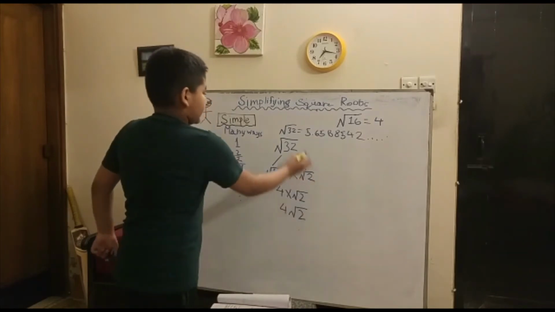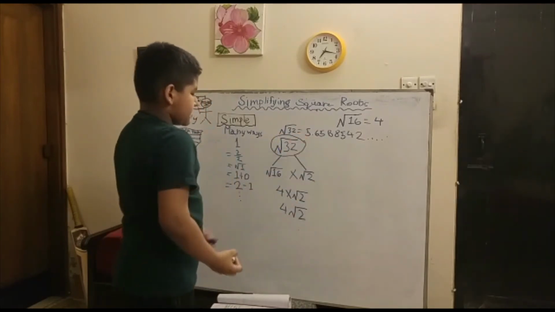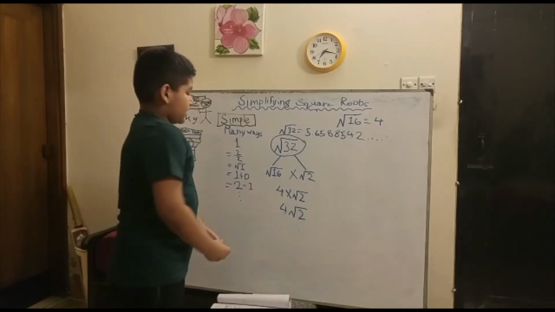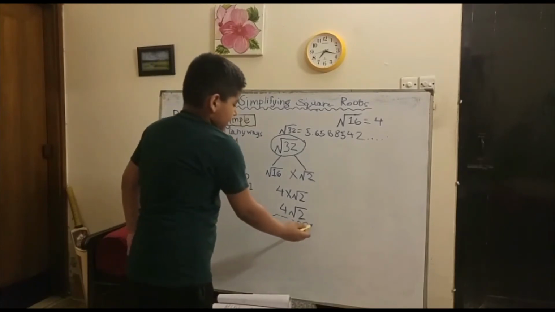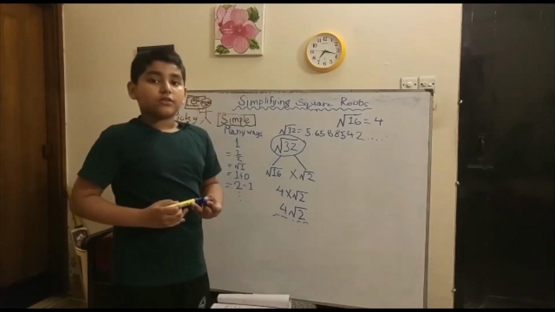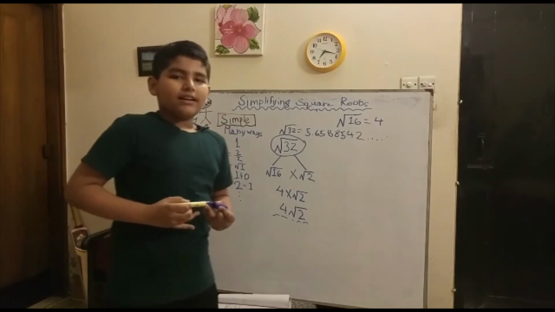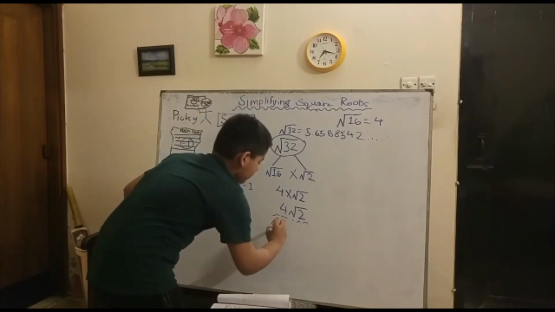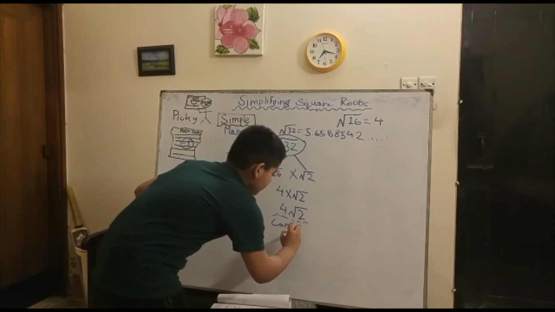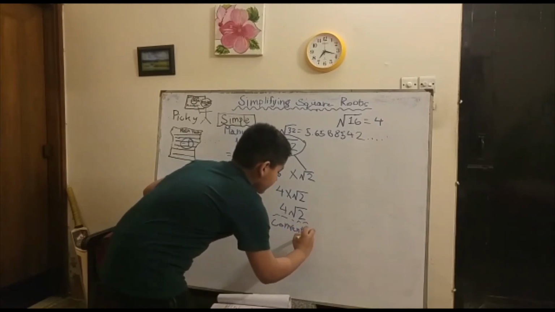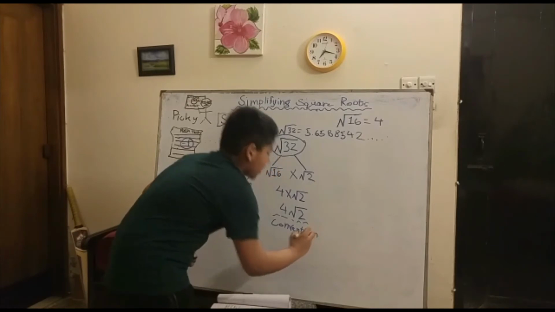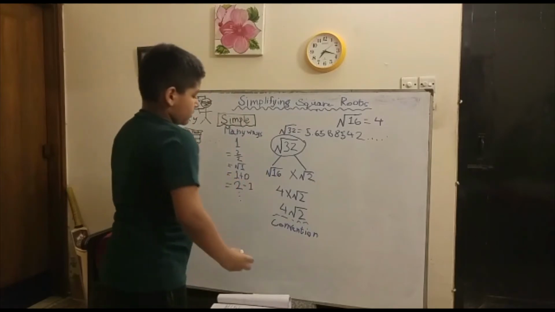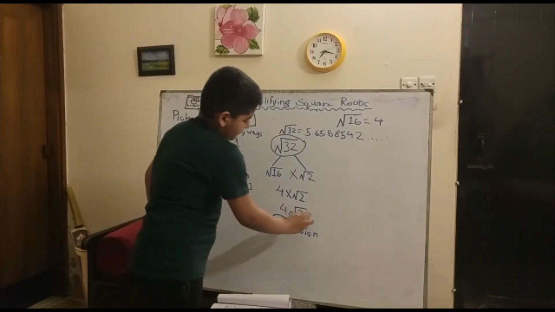Here we simplified this root. Now you might be thinking, why don't we just write the square root of 2, then make another big problem? Now we have to write 4 times the square root of 2. Well, this is a particular math expression that we call a convention. Usually, when we talk about convention, we talk about people meeting in a building or something like that. But in math, convention usually refers to this.